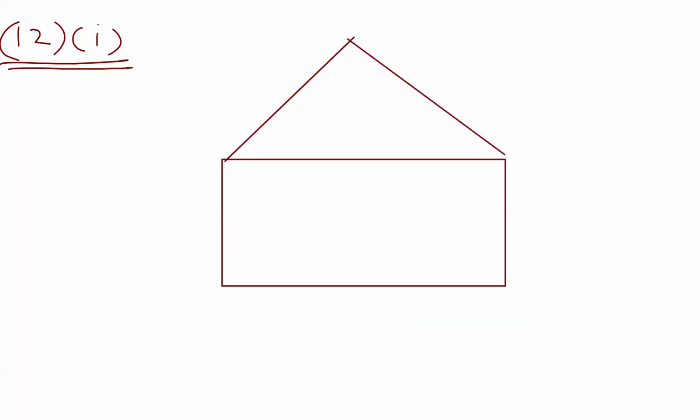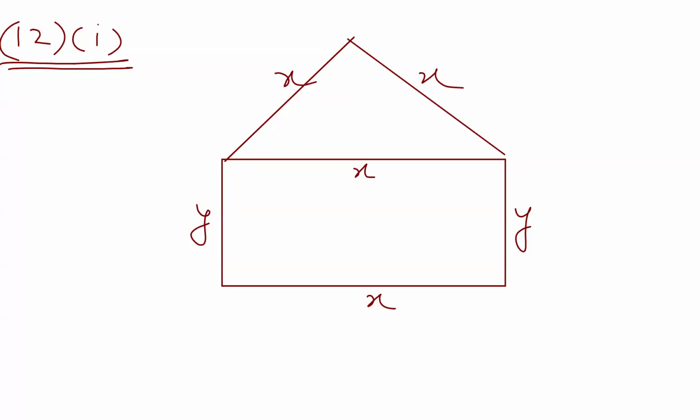Okay, so now the length is x and the breadth is y. So naturally the sides of the equilateral triangle will be x.